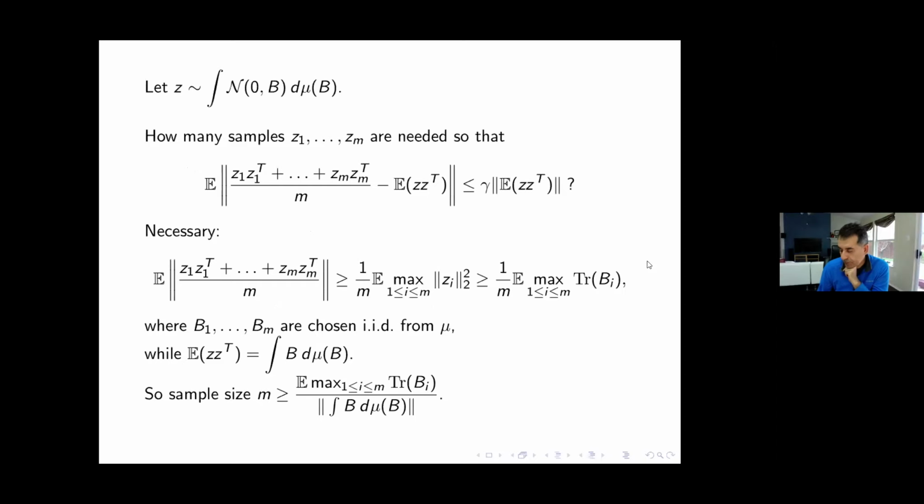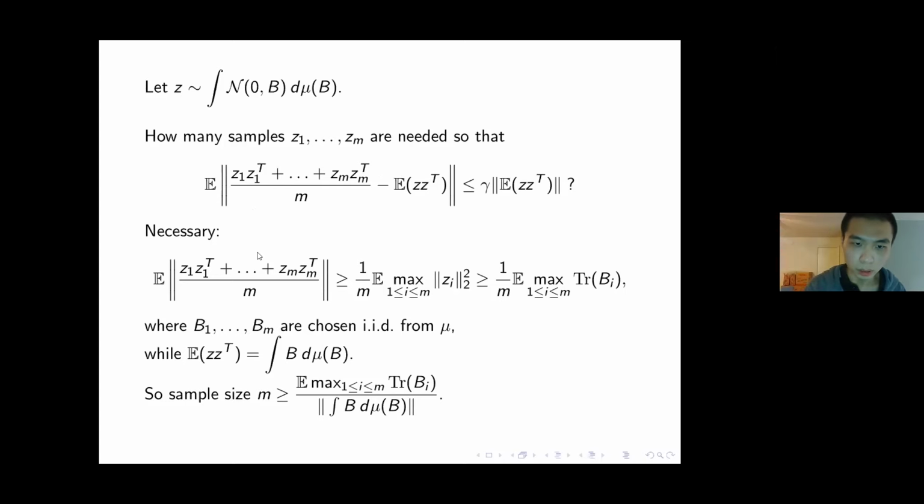Okay. All right, so let's go back to the sample covariance problem. How many samples are needed for the sample covariance matrix of a mixed Gaussian to be an accurate estimate of the true covariance?